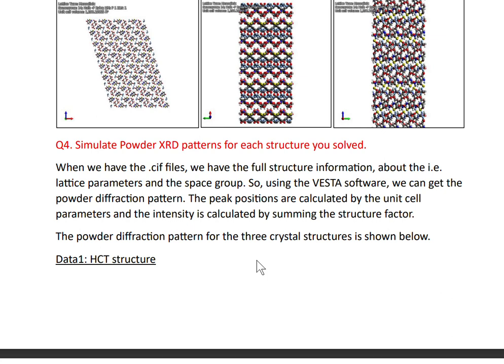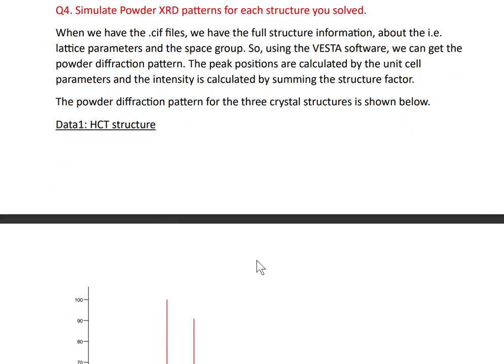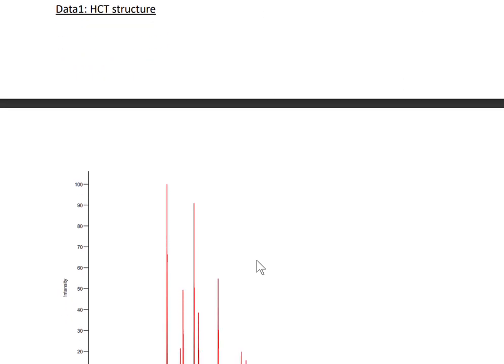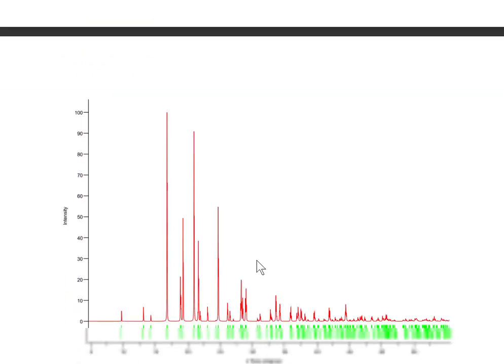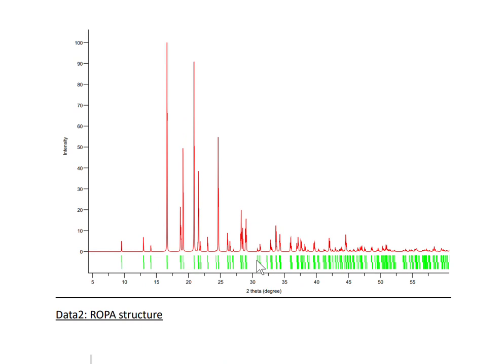For a given plane, the structure factor can also be calculated, and the intensity is nothing but proportional to the square of the structure factor, and the software does it by itself. Internally it calculates the PXRD pattern, and the simulated PXRD pattern for HCT looks like this.